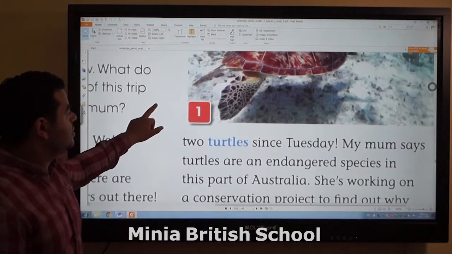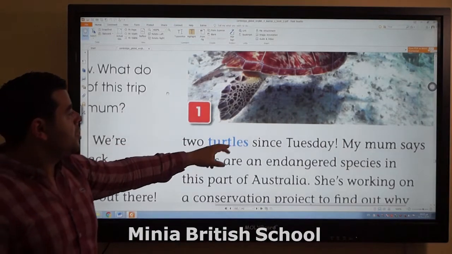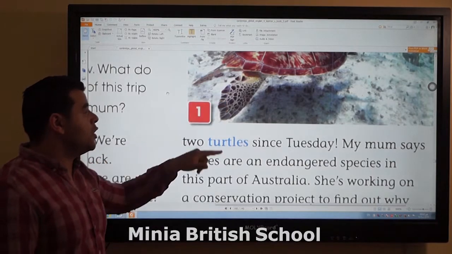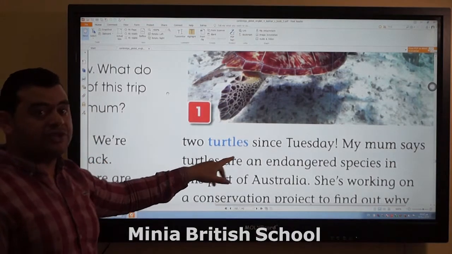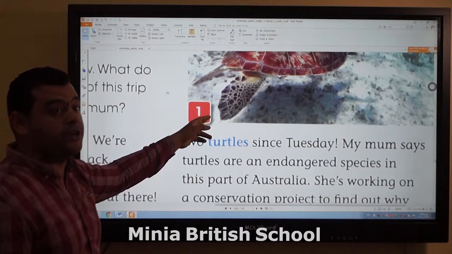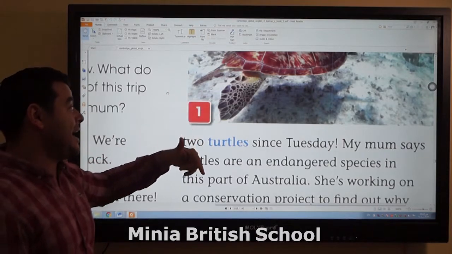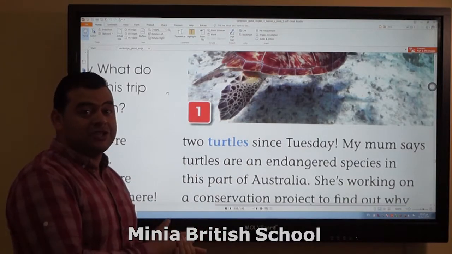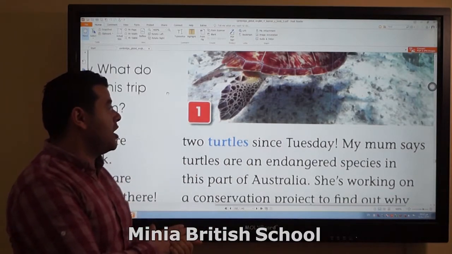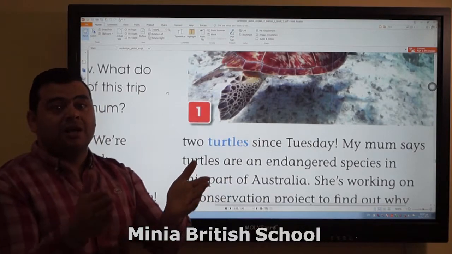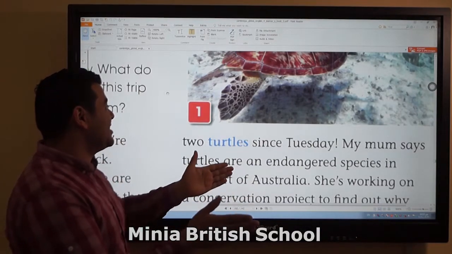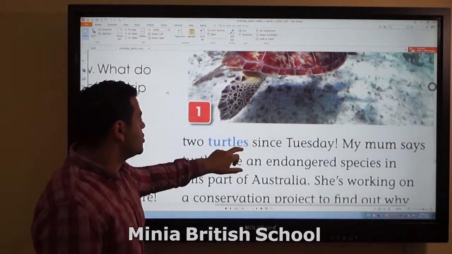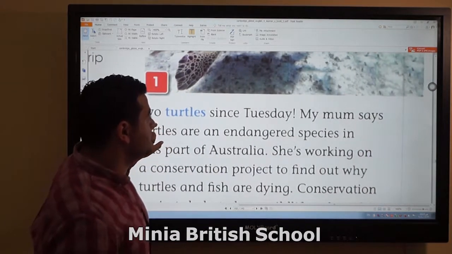Turtles are animals that live mainly in the sea, whereas a tortoise is another kind that mainly lives on land. So we've seen 2 turtles since Tuesday.